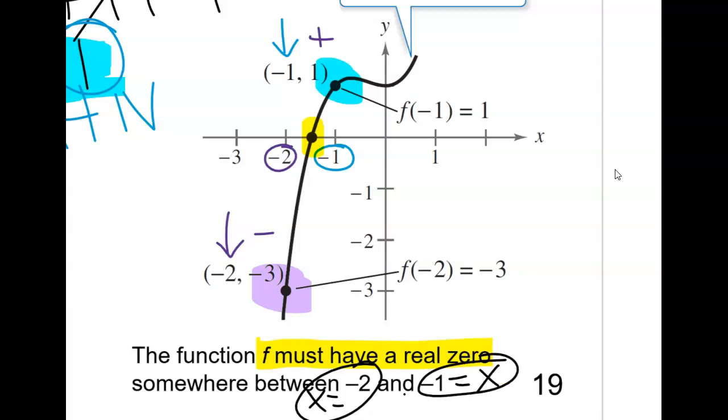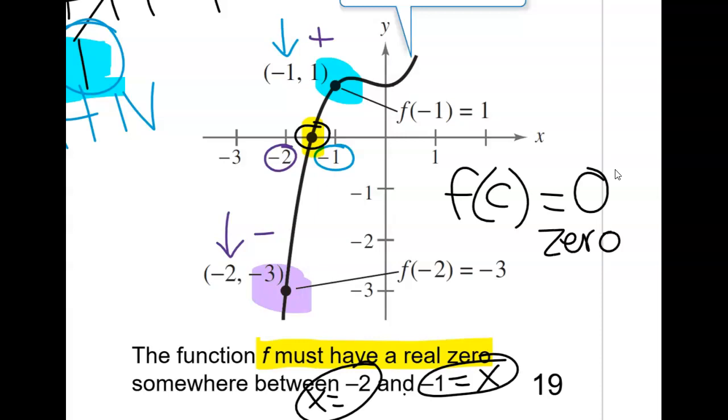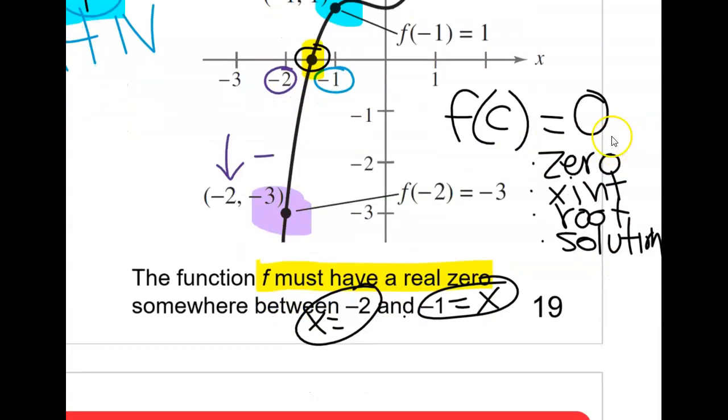So there is an x value right here. We don't know what it is, so we'll call it C, for which the y value is 0, making it a 0, making it an x-intercept, making it a root, and also making it a solution to the equation.